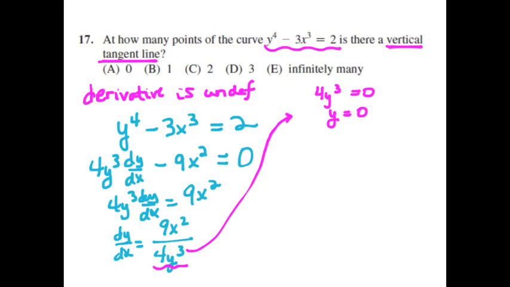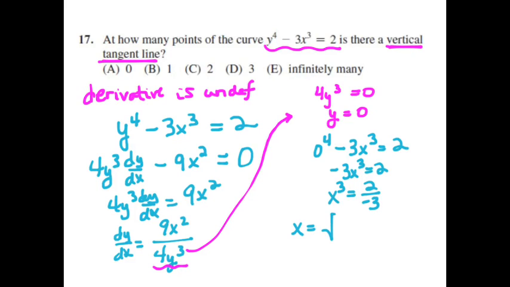So I'm going to plug 0 back in for y. And I get 0 to the 4th minus 3x cubed is equal to 2. And so negative 3x cubed equals 2. And if I divide by negative 3, then x cubed is equal to 2 divided by negative 3. And we're going to cube root both sides. x equals the cube root of 2 over negative 3.